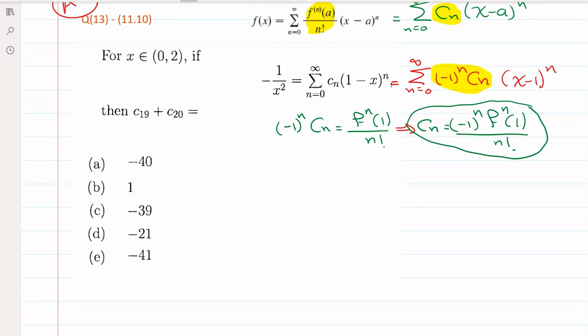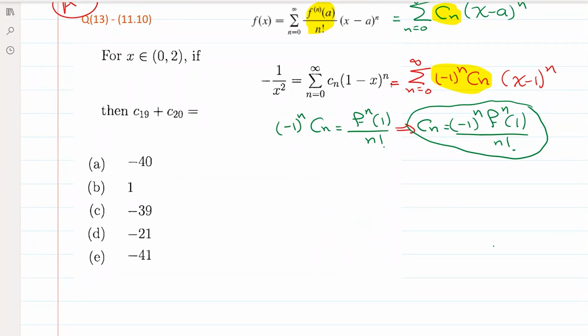Even if I divide by (-1)^n, whether I put it up or down, it will be the same. To prove it for you, (-1)^n is the same as 1 over (-1)^n. I can put the minus up, so it is the same. Don't worry.